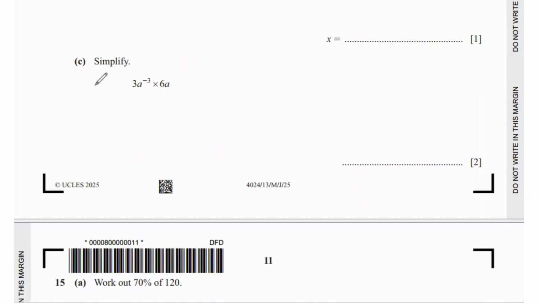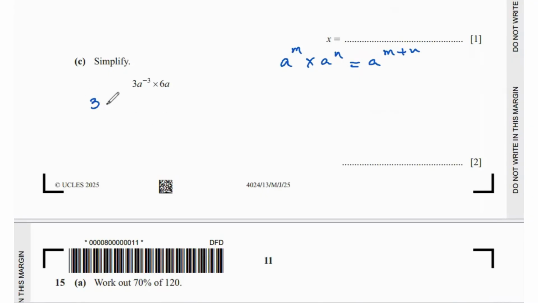Then it says simplify 3a to the power of negative 3 times 6a. For this, you need to know your rules of indices. Whenever we're multiplying similar bases, we will add the powers.